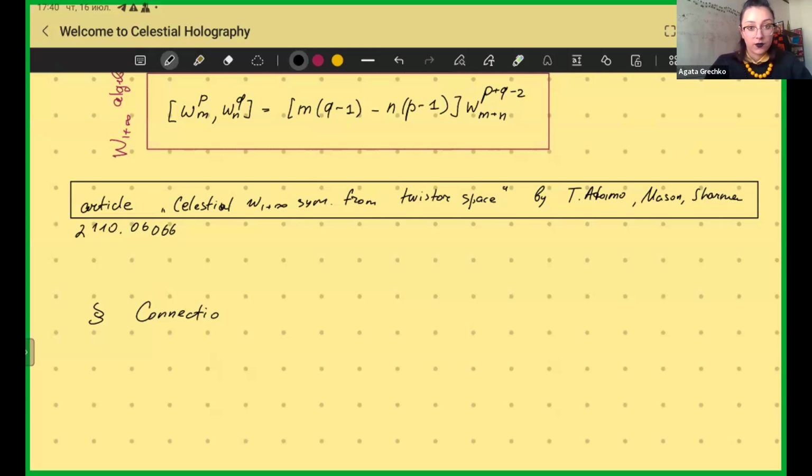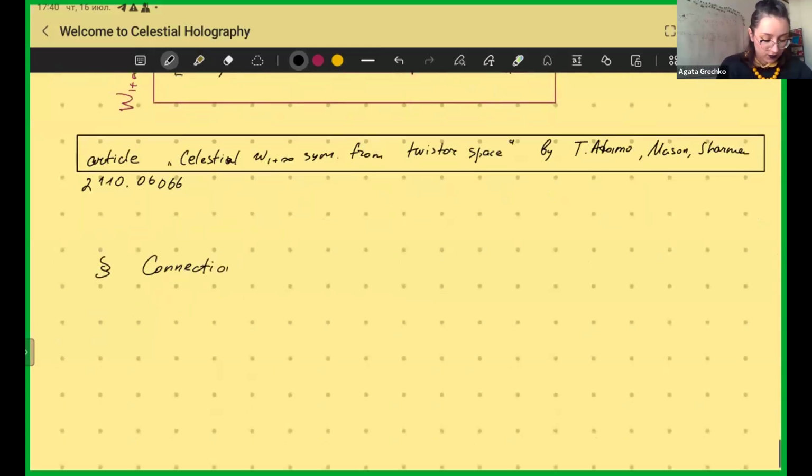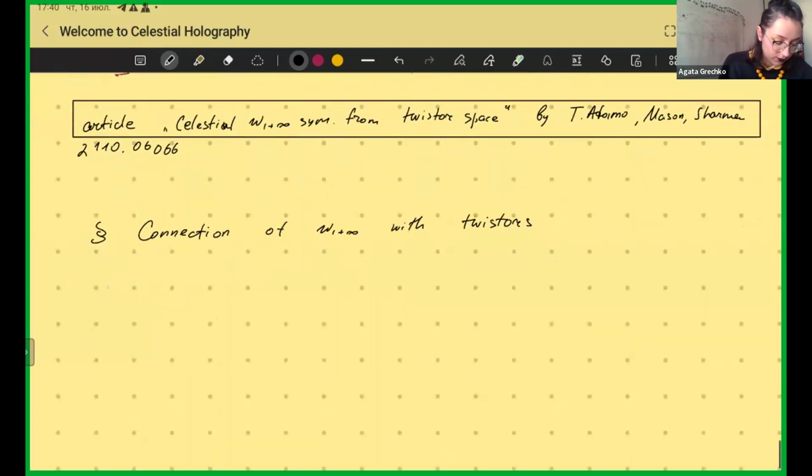So yeah, let's first mention the connection of Minkowski spacetime and twistors. To construct a twistor space in general, we start from Minkowski space, where vectors have the form x0, x1, x2, x3.